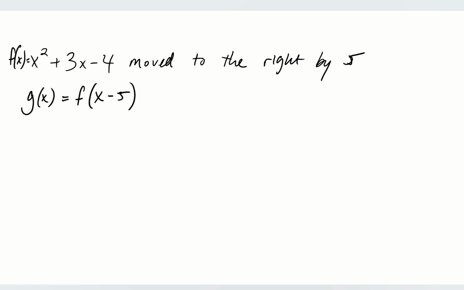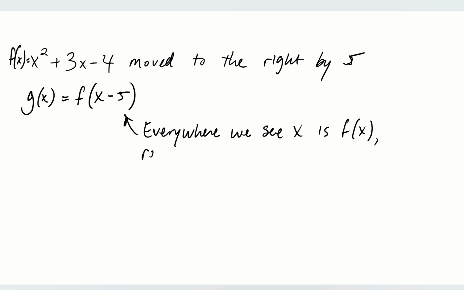Now what this means is that everywhere we see x in f of x, we replace it with x minus 5. And we're going to keep it in parentheses just to keep things clean. Okay?